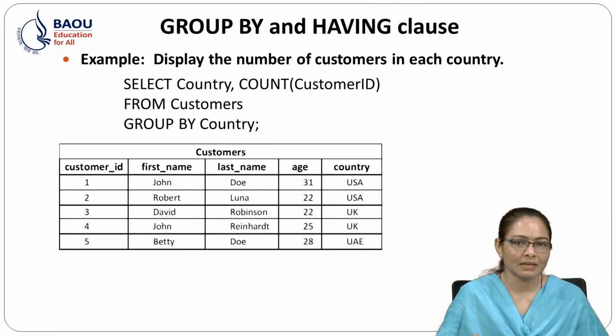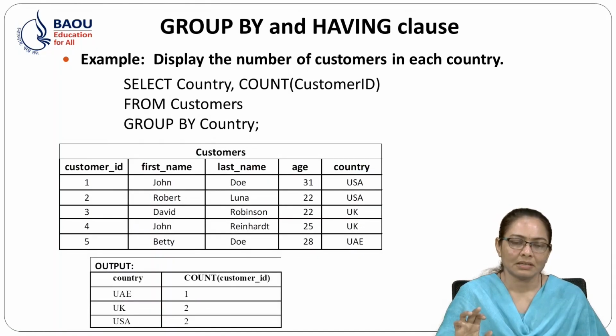Here in the example, the customer table has customer ID, customer first name, last name, age and country. Here we display the number of customers in each country. So we write select country, comma, count.